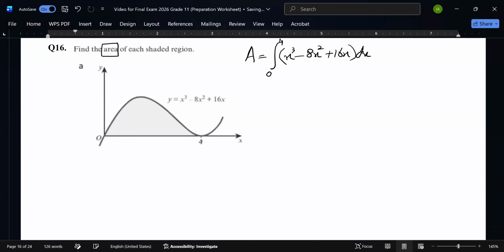As you can see, this is 4 and here it's the origin, therefore x will be 0 here as well. Now, in case when we have the limits, we integrate, the same rules will be followed, but the last thing is there will be no constant c at all. Okay, let's integrate the equation.